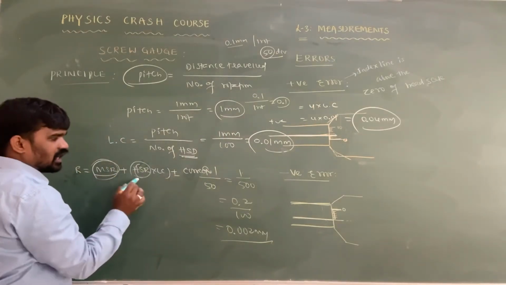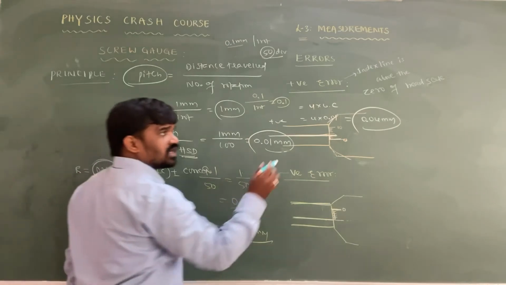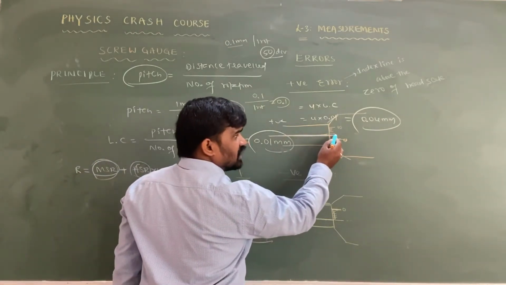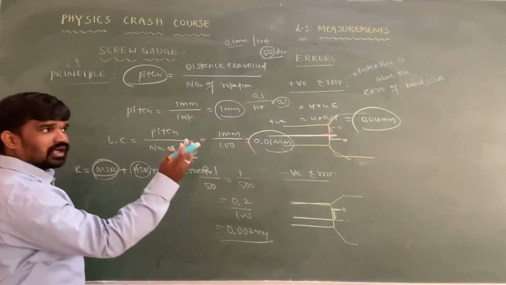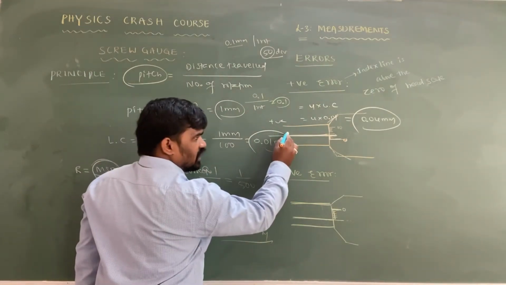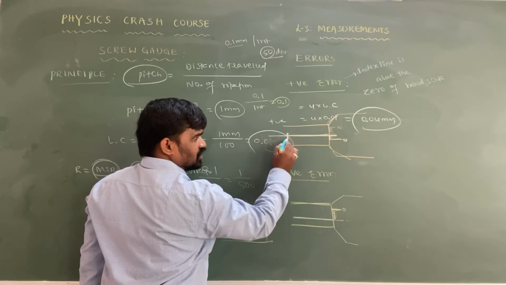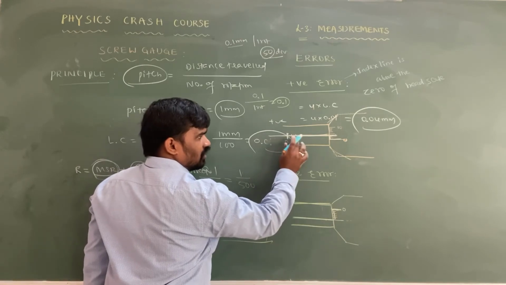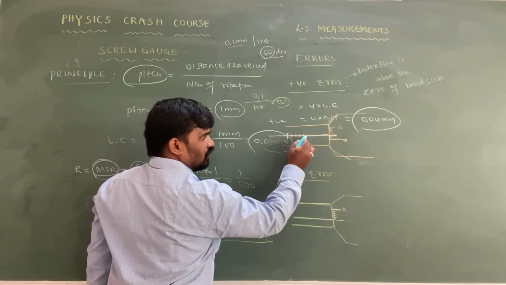Next, HSR, the head scale reading. Head scale reading means which division of the head scale coincides with the index line. On the scale the numbers are there, like 0, 1, 2, 3, 4, 5.